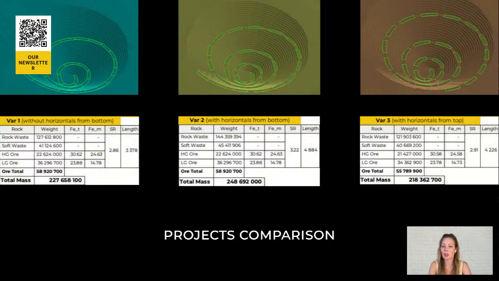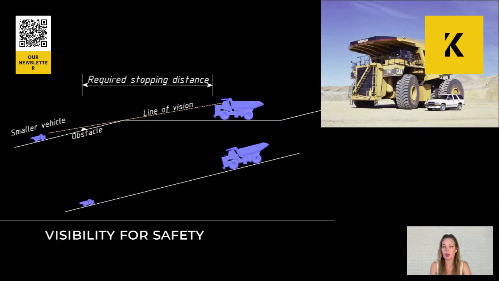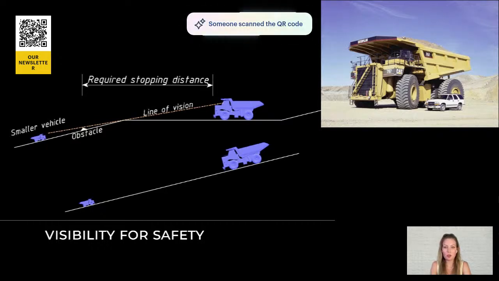So now let's talk about how horizontal inserts affect visibility and potential consequences. When a heavy-duty dump truck or any other vehicle is moving up a slope, the driver can't see the section of the road that is higher up, just beyond the horizontal insert. This lack of visibility means drivers can't see each other, increasing the risk of collisions during maneuvers.